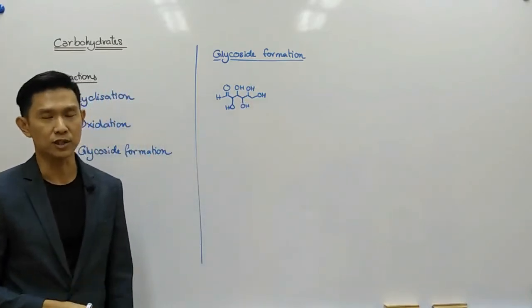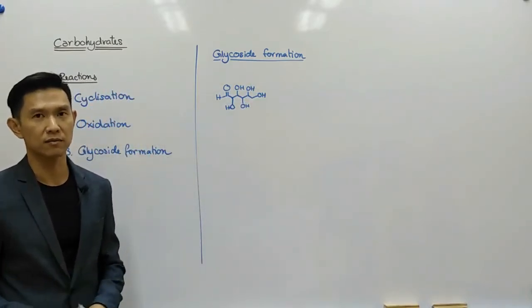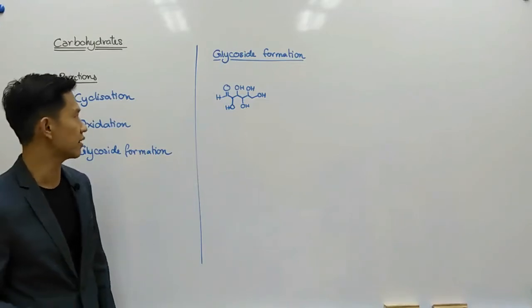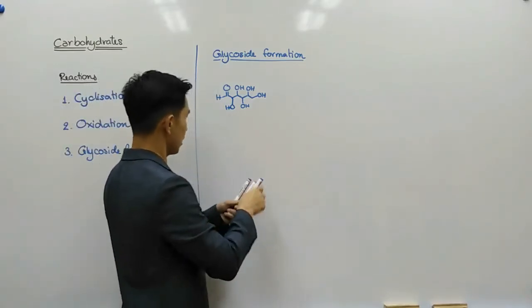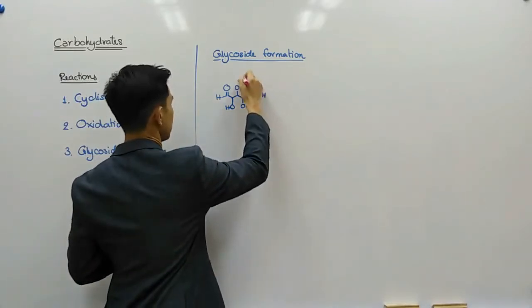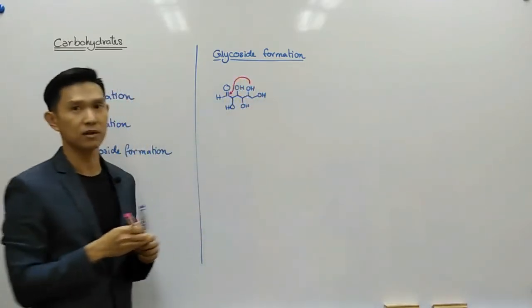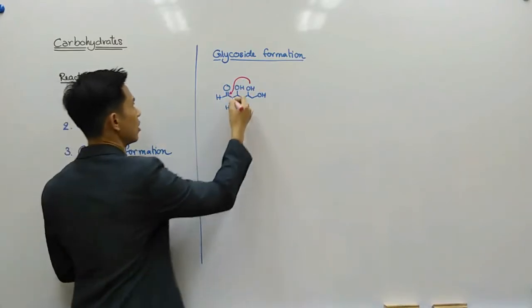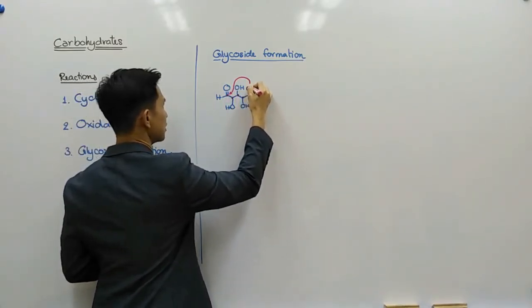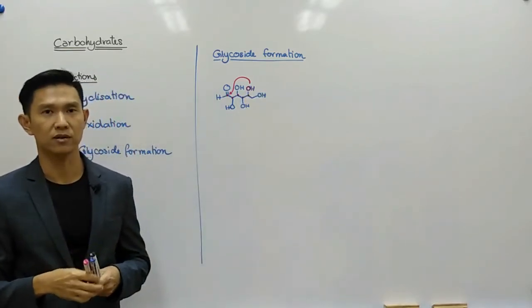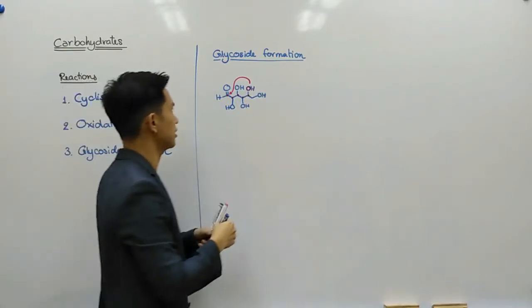So I just put OH without direction, pointing upward or downward, without the configuration. So if this oxygen condenses with this carbon, you can then construct a 1, 2, 3, 4, 5 and 6 membered ring. Okay. You can construct the hexagon out of this.